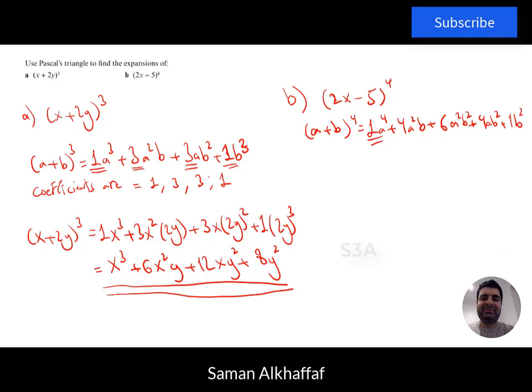So the coefficients are the ones highlighted here: 1, 4, 6, 4, 1.